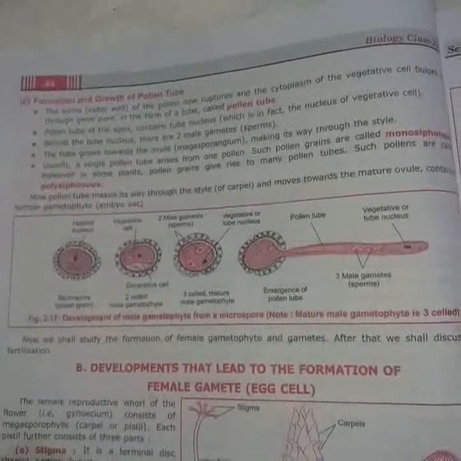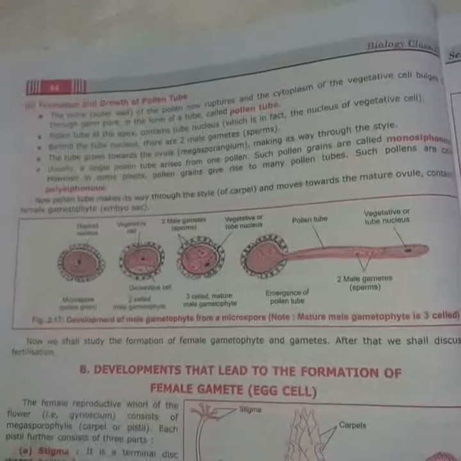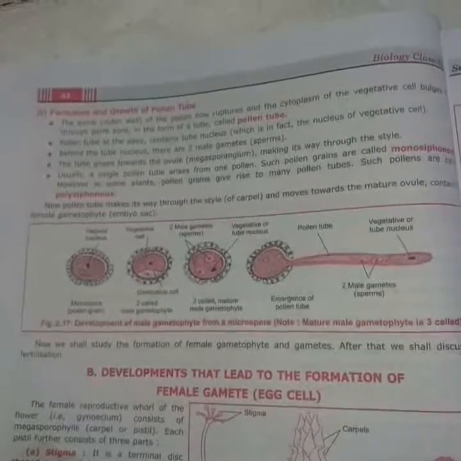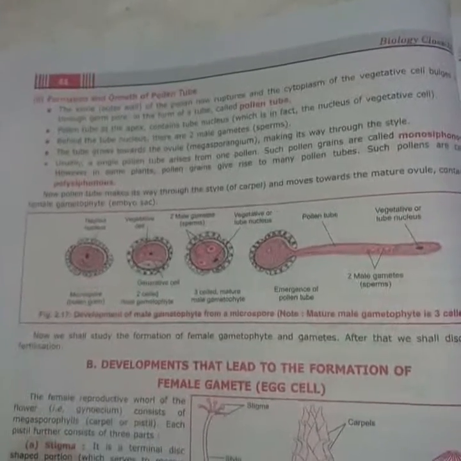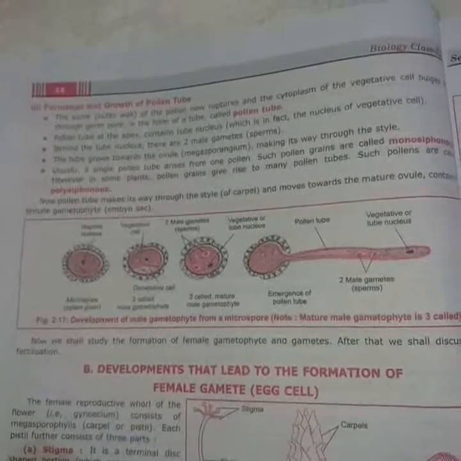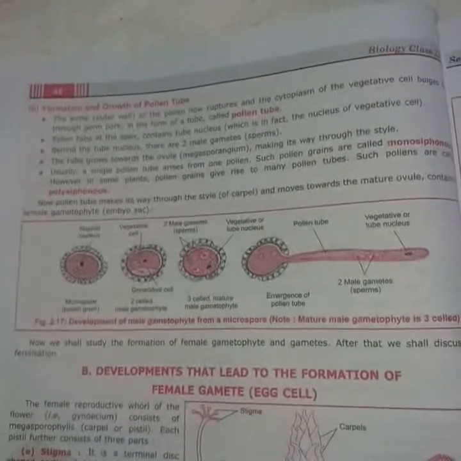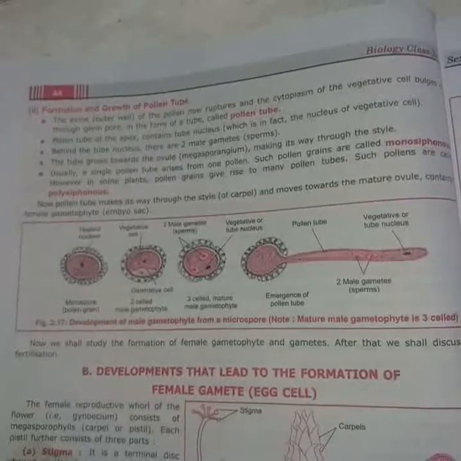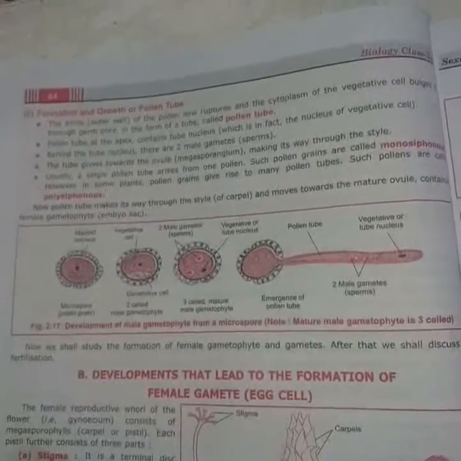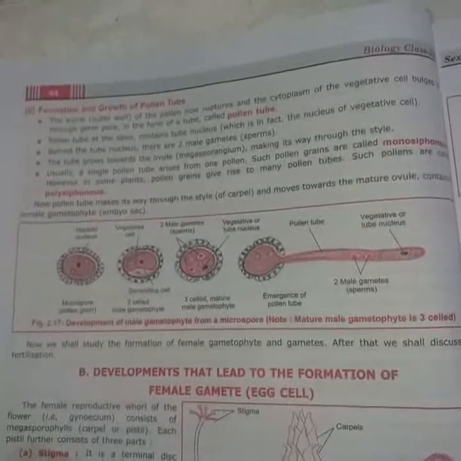But female gametes are large in size, this is called the egg cell, and these are called megaspores. In sexual reproduction, pollen grains are developed in many numbers, but the egg cell is developed as a single one.